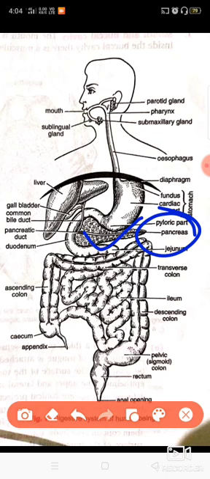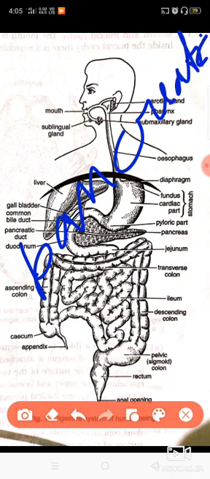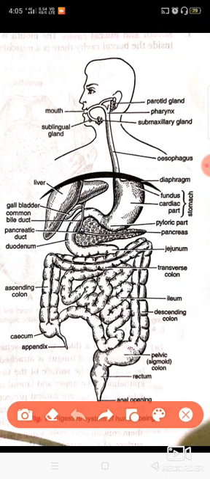Pancreas, this part, which looks like a leaf-like structure, helps in producing pancreatic juice. This pancreatic juice has all the kinds of enzymes which help in digestion of all the components: proteins, carbohydrates, fats, nucleic acids, starch, sugars, everything can be digested with the help of pancreatic juice.